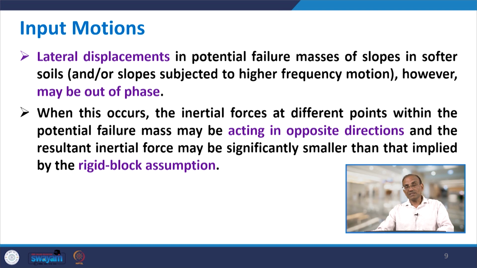Lateral displacements in the potential failure mass of a slope in softer soils, or slopes subjected to higher frequency motion, may be out of phase, which we have already discussed. When this occurs, the inertial forces at different points within the potential failure mass may be acting in opposite directions, and the resultant inertial force may be significantly smaller than that implied by the rigid block assumption.